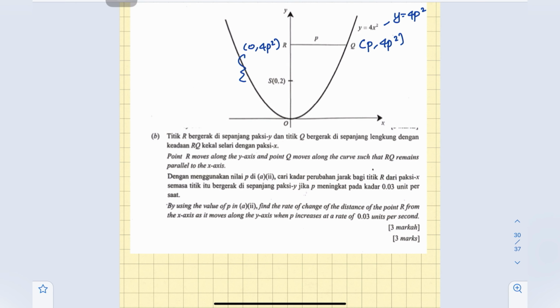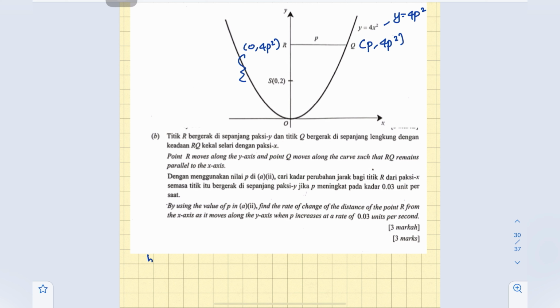Part (b): point R moves along the y-axis and point Q moves along the curve such that RQ remains parallel to the x-axis. By using the value of P in (a)(ii), find the rate of change of the distance of the point R from the x-axis as it moves along the y-axis when P increases at the rate of 0.03 unit per second.